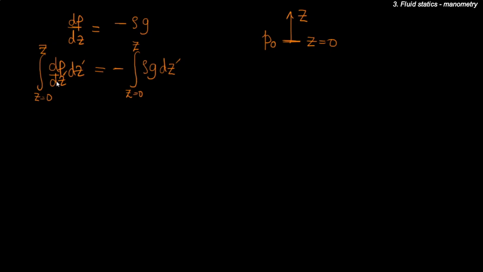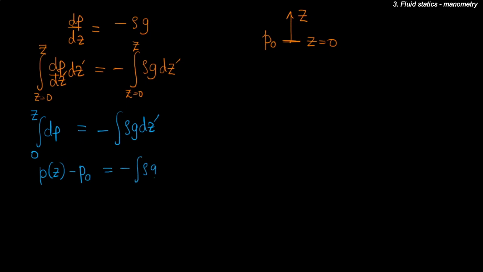This integration is quite trivial because dz can cancel out, and it's simply an integration over dp, from z equal to 0 to z equal to z. This is equal to minus integration of rho g dz prime. So this is p at z minus p at 0, which we call p naught, is equal to minus integration of rho g dz prime from 0 to some arbitrary z.